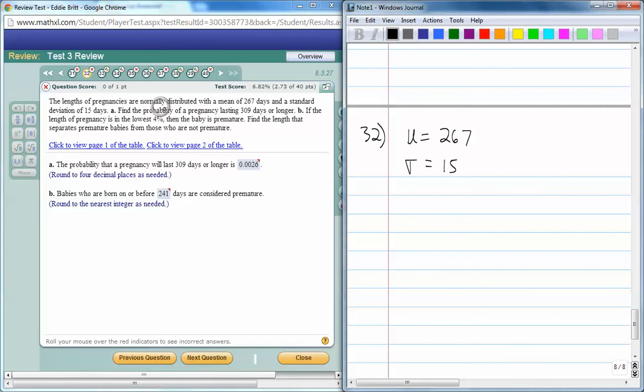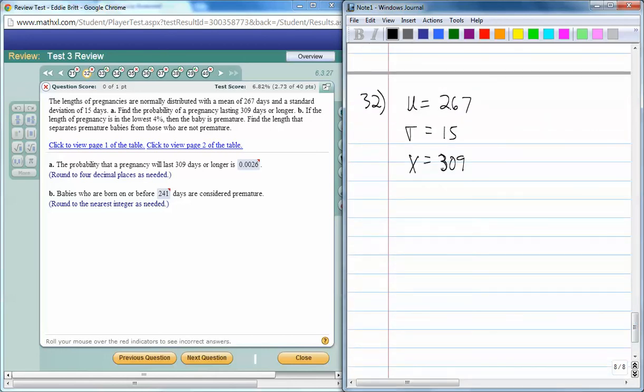And we want to know the probability of a pregnancy lasting 309 days or longer. So our x is equal to 309, but we need to remember "or longer." That's like or greater or more. And so we can figure out a z-score for this. Z equals x minus mu over sigma.